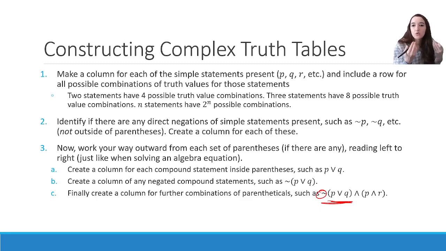So working your way outward, you just need to think about, do I have all of the information present to actually do the connection, right? Do I have the left side and the right side of this and? Do I have a statement to negate? Do I have a column for those so that I can work with the truth values for those columns?